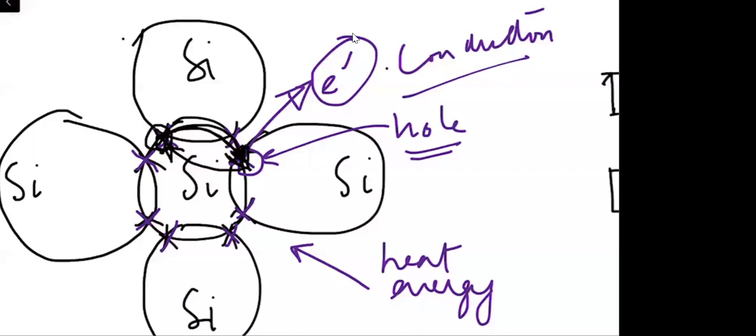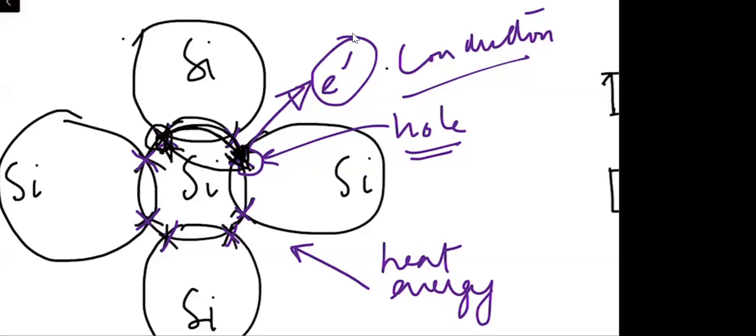So the hole is moving in the opposite direction to the electron movement in the valence band. Due to that, there is another current which is flowing inside the valence band, and that current is called the hole current, right?